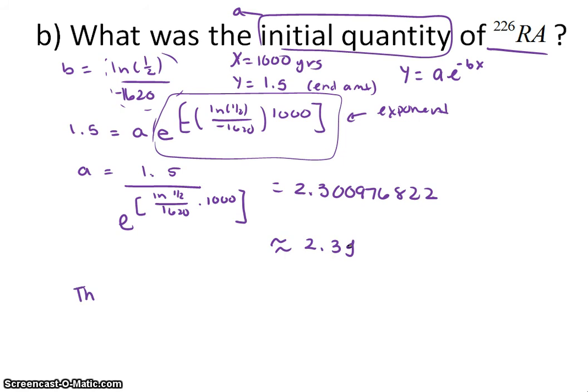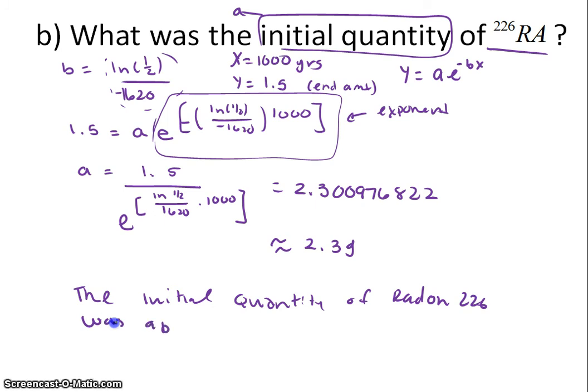So the initial quantity of radon 226 was about 2.3 grams. Okay, so there you have it.